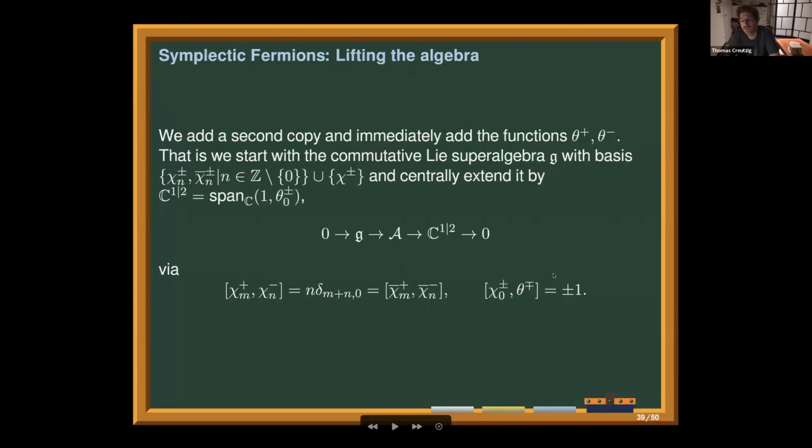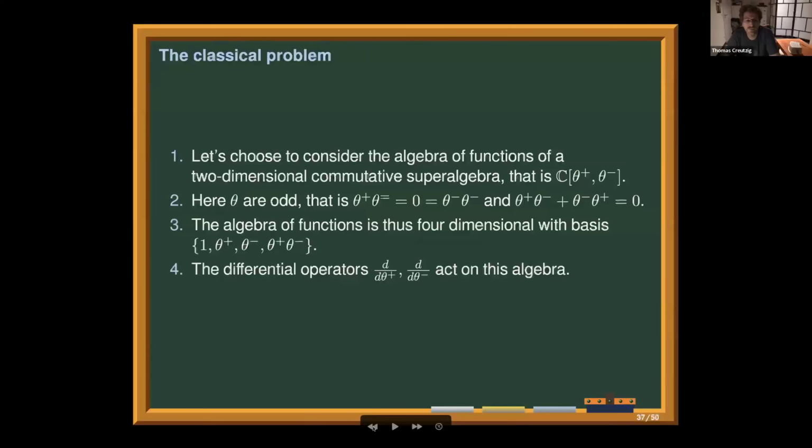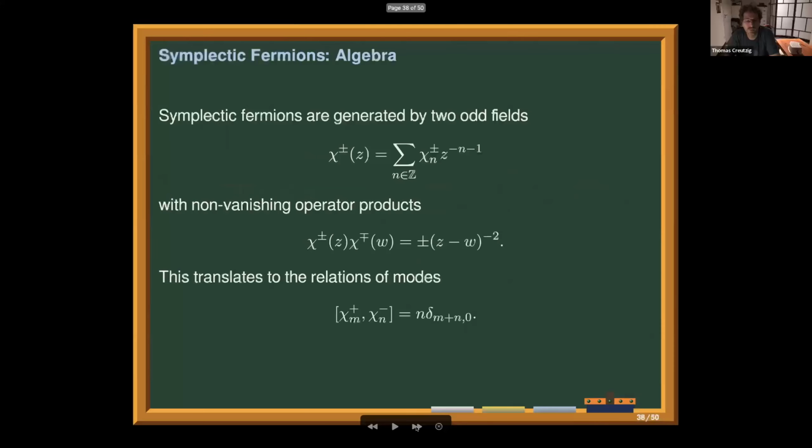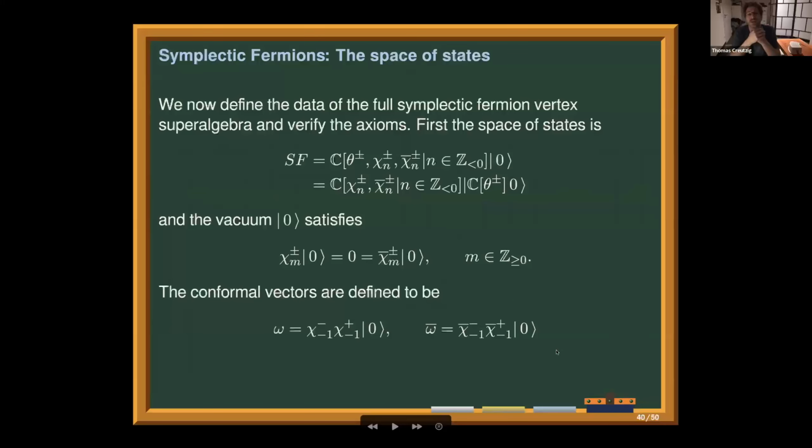And of course, the derivatives have a non-trivial commutator or anti-commutator with the coordinates. So what one needs to know is simply the big algebra of modes and their commutation relations, which is given by these formulas.